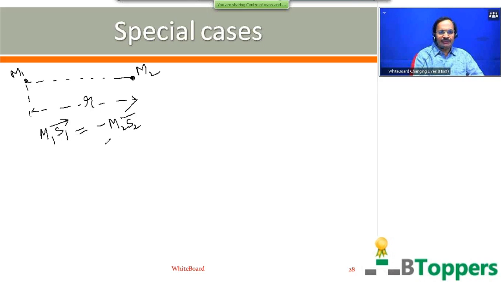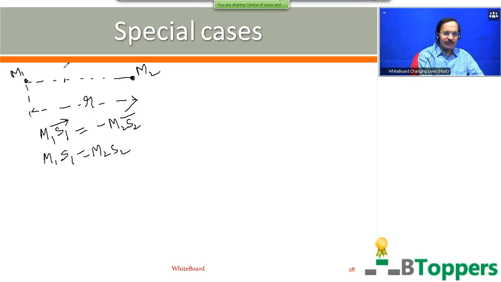So if you consider the magnitudes on the two sides, then m1 s1 is equal to m2 s2. s1 is the magnitude of the displacement of the first particle from its initial position. S2 is the magnitude of the displacement of the second particle of mass m2 from its initial position.